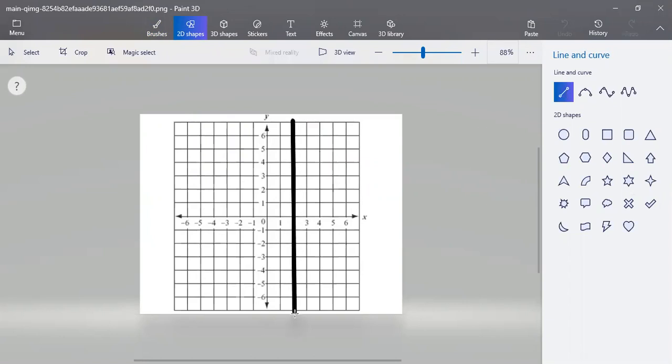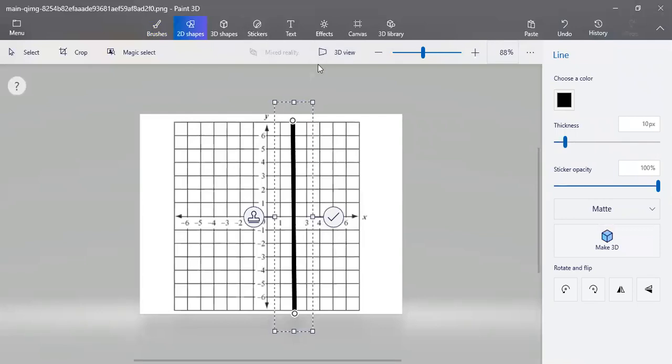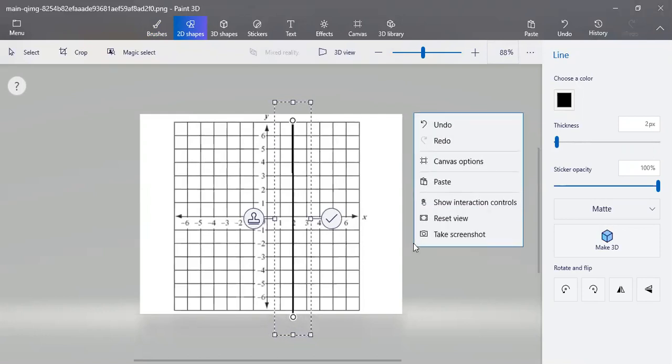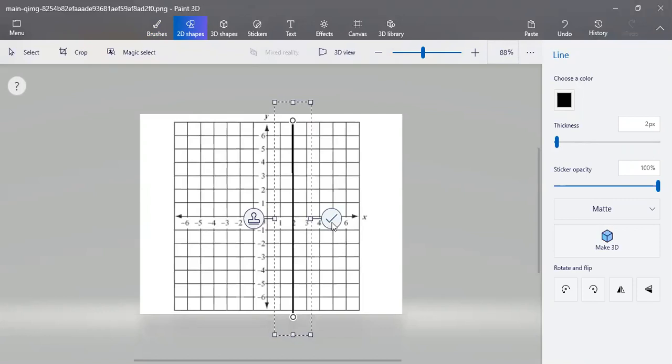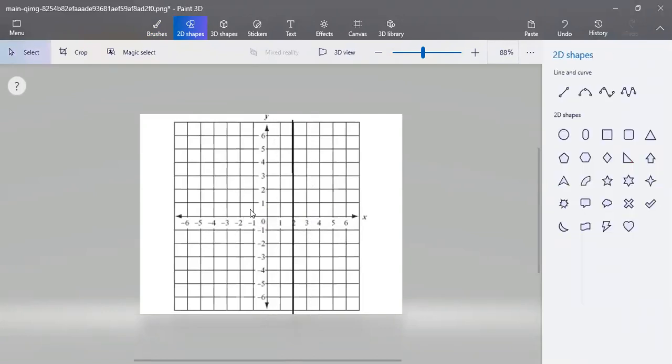Why is it going to be a solid line? Because it said greater than or equal to, right? So when it says greater than or equal to, of course that's going to be a solid line. So make it straight. Okay, so this is going to be the line for x is greater than or equal to 2.